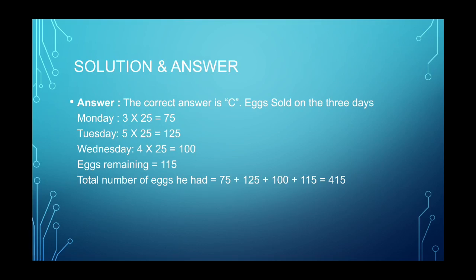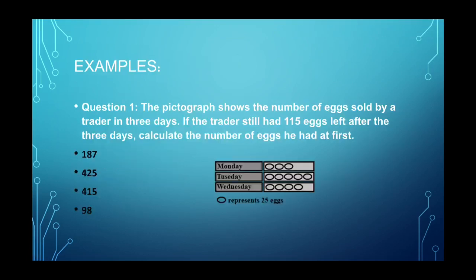So as you can see on this chart here, the oval shows that it is simpler for us to identify the number of eggs, or it will be simpler for us to locate on the chart what was sold by the trader.